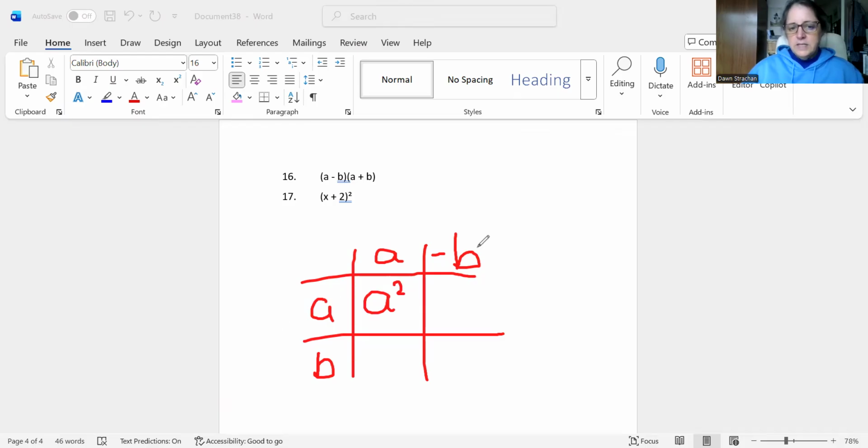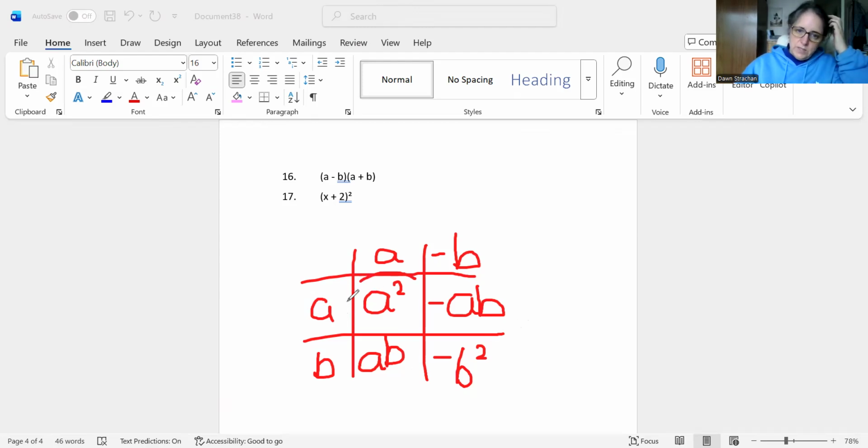And A, negative times positive is a negative, and A times B is AB. Positive times positive is a positive, so AB. And then negative times positive is a negative, and B times B is B squared. If there's nothing in front of the letter, presume it's a positive. So where it doesn't say negative, it's a positive.